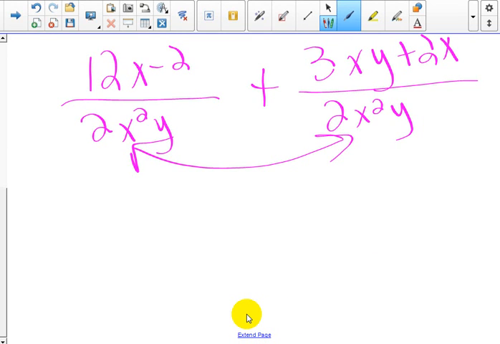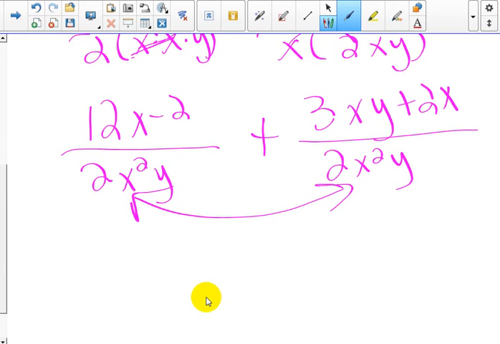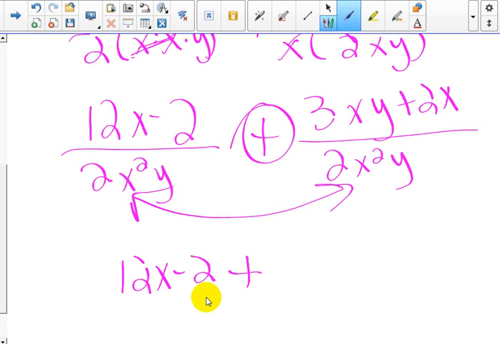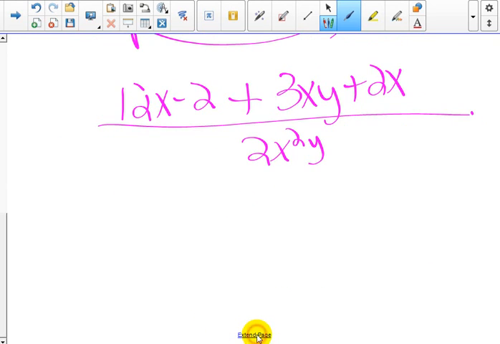Okay. So now we can perform our math. So, that looked like a square, but it's not. It's down there. Okay, so we've got 12x minus 2. I'm just going to combine them all. 12x minus 2 plus 3xy plus 2x all over 2x squared y. Now I'm going to combine all my like terms.